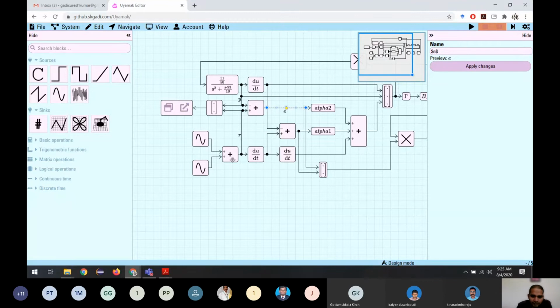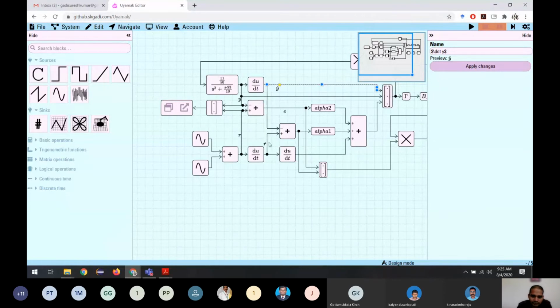So if we derivate this, we get R dot here. And if we derivate this, here we get the output dot, y dot.